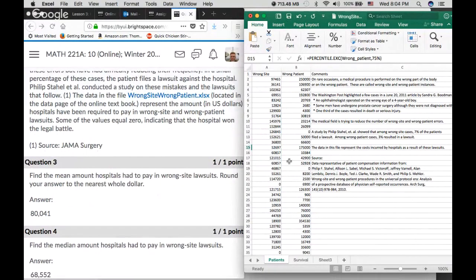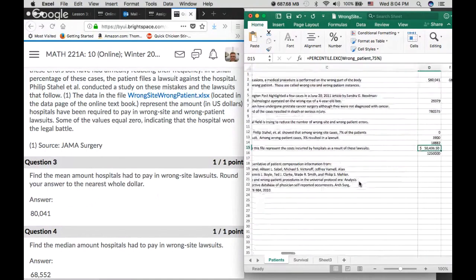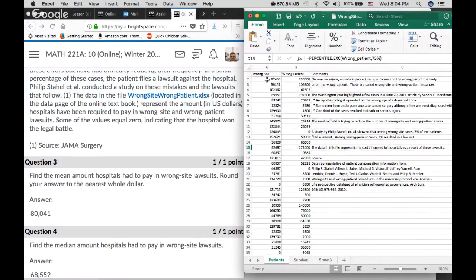So a couple of really cool things that I did just to make things a lot easier. You can gather all of the wrong site values and select them all. There are some shortcuts that I actually just learned, which is fun. Then you can name them.